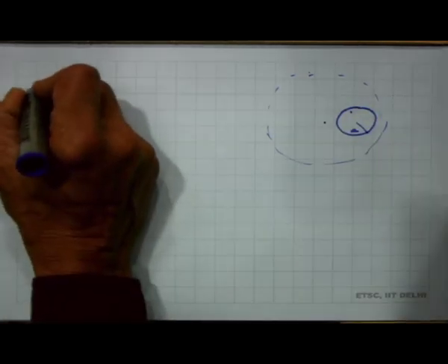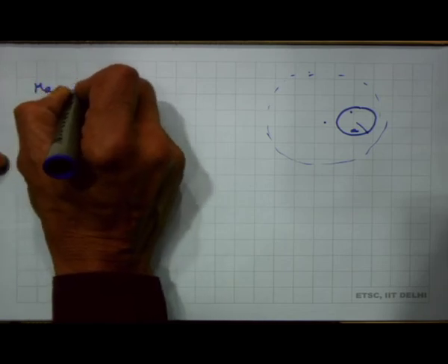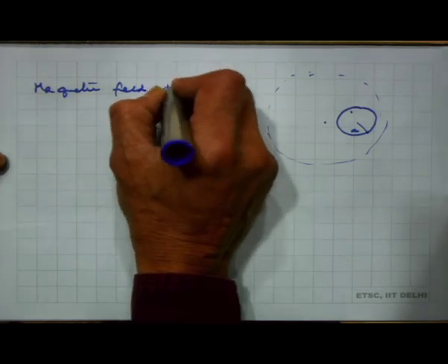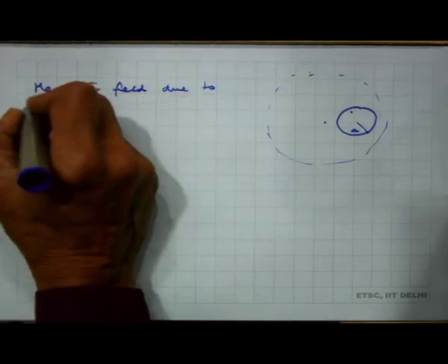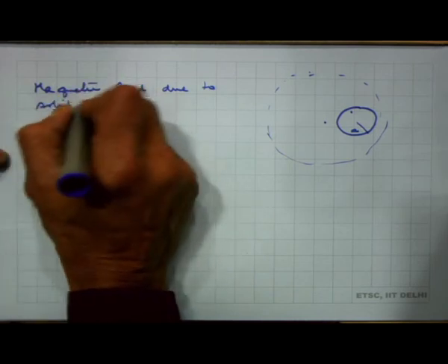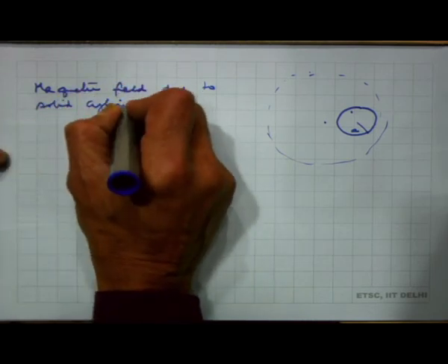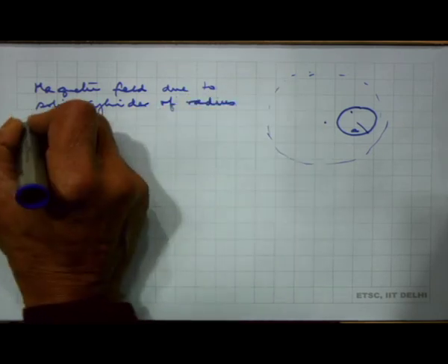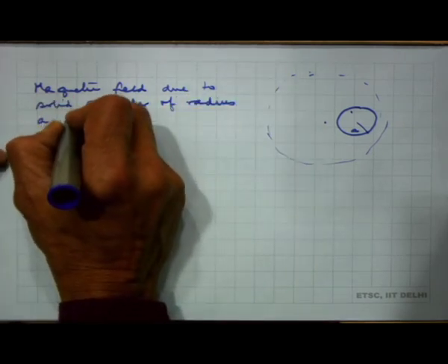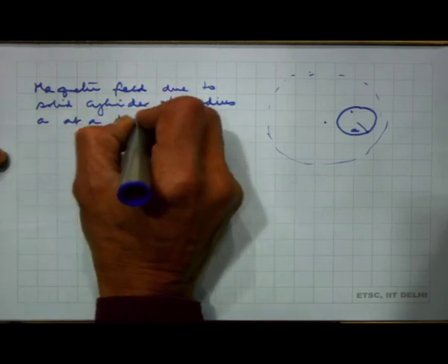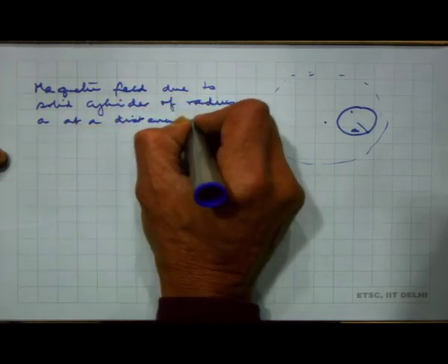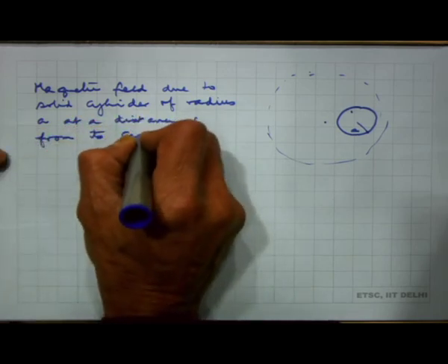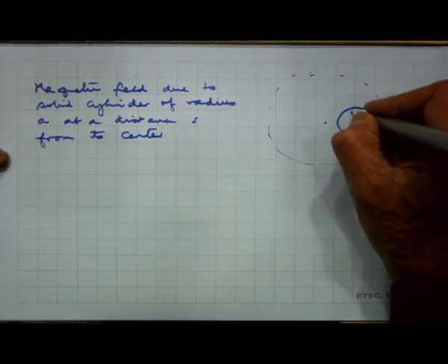So, magnetic field due to a solid cylinder of radius a at a distance s from its center. This distance I am going to assume is s.